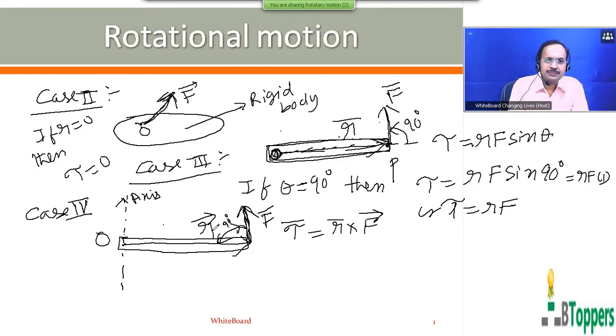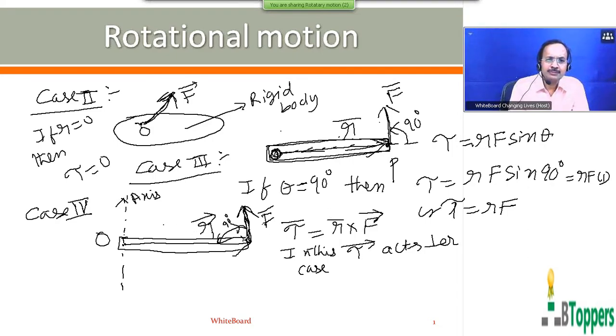That means if the two vectors R bar and F bar and the axis of rotation lie in the same plane, then the torque tau bar in this case acts perpendicular to the plane containing R bar and F bar.